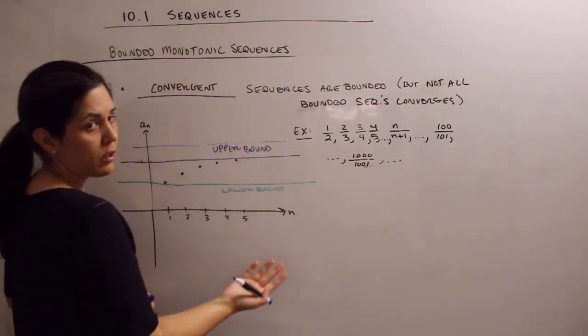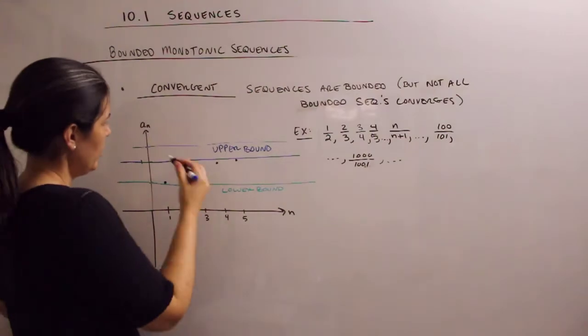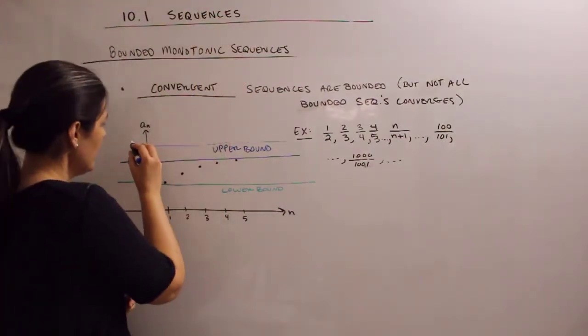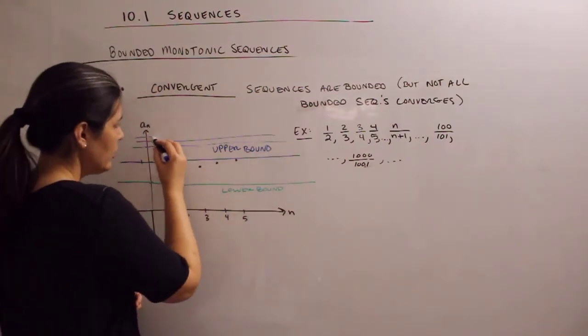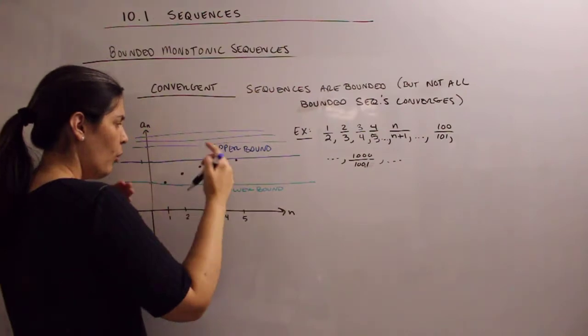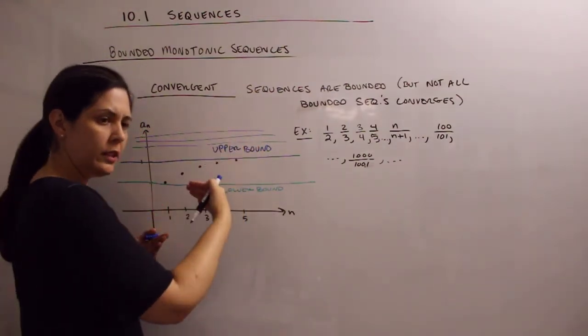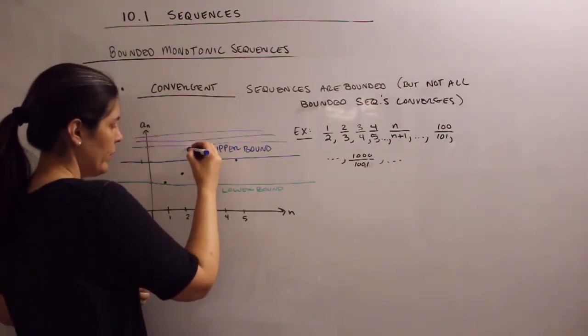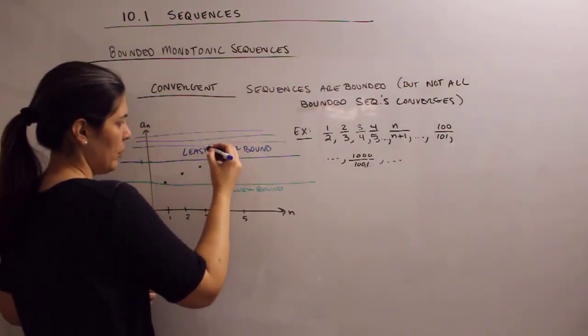Nothing in my sequence goes that high. It's like another ceiling above the room. This is also an upper bound, and so on. And so when you want to get specific about what the real upper bound is that's closest to boxing in my sequence, we call that the least upper bound.